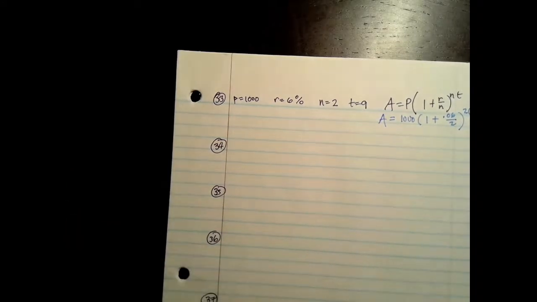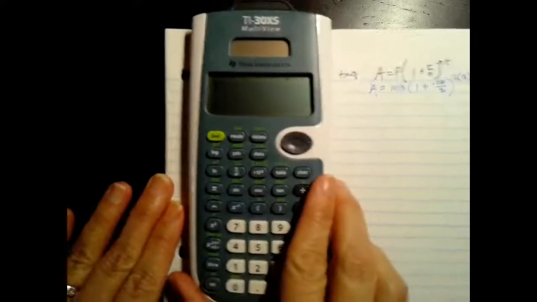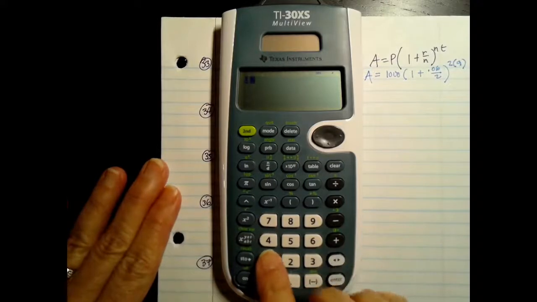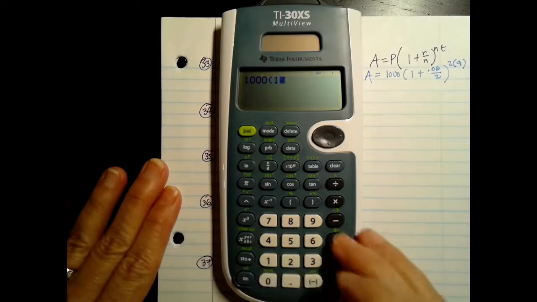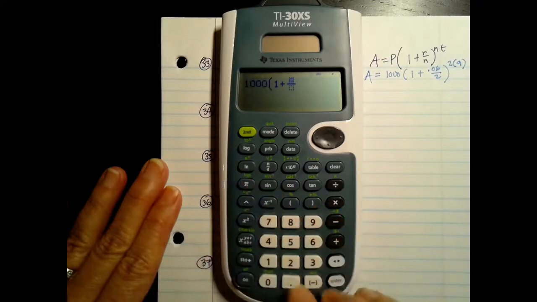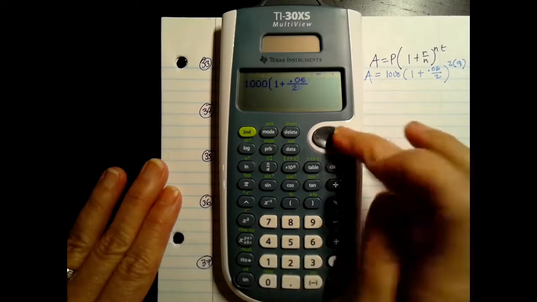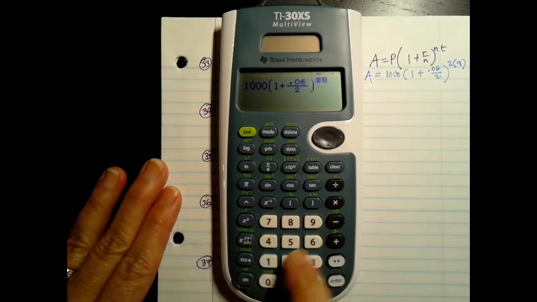So on my calculator, I'll be able to put all that in just like I see it. I'll do 1,000 parentheses 1 plus the numerator-denominator fraction button, that one right there, 0.06, and then over 2, bump out, close your parentheses, use your caret, your raise up button, and then 2 times 9, or you can do 2 parentheses 9, it doesn't matter.